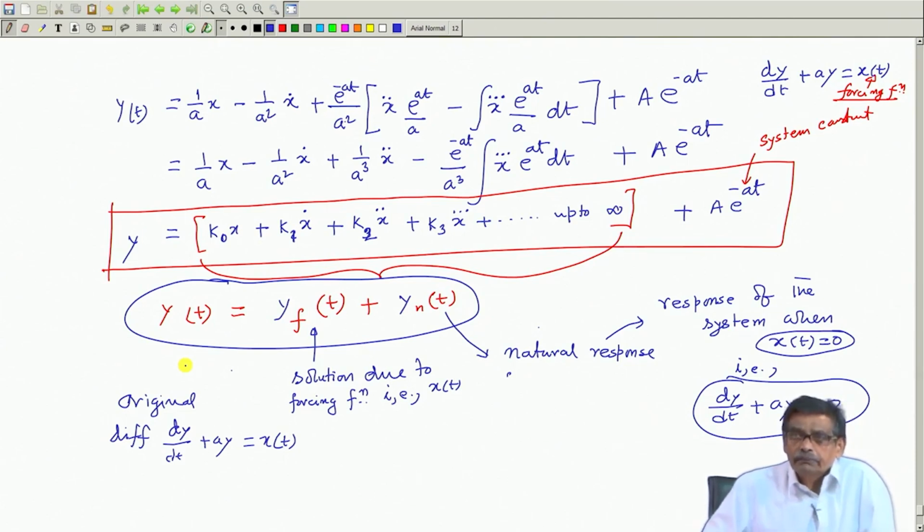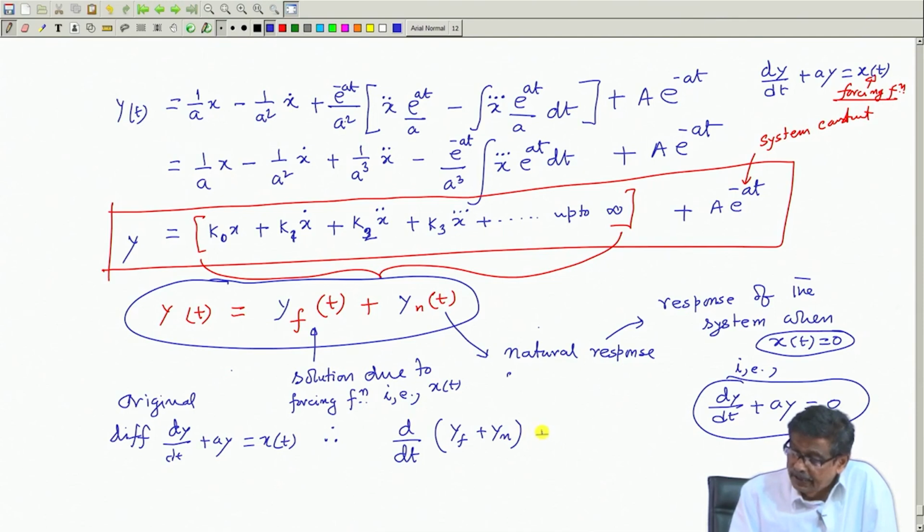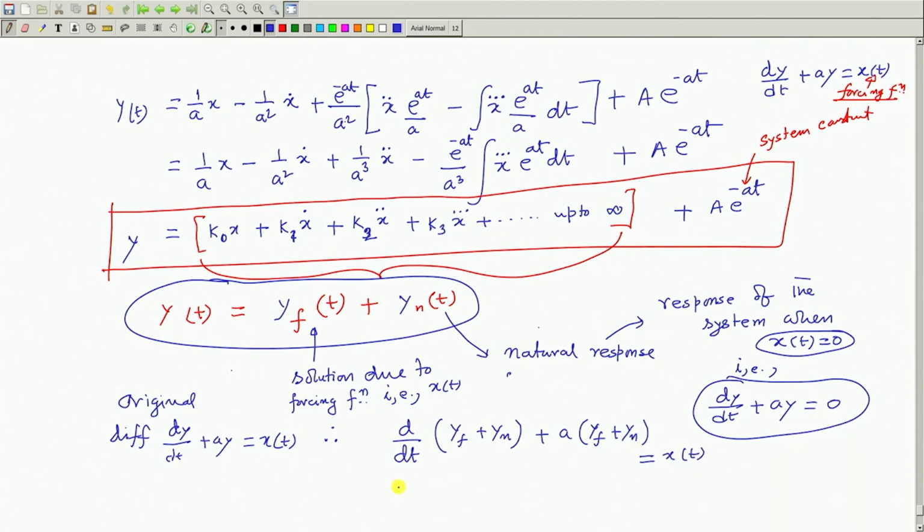Solution means that whatever solution you have got, if you put it here, it will satisfy that. First thing is, therefore, I expect d dt of y f plus y n, plus a of y f plus y n, and this must give rise to x t, is not.